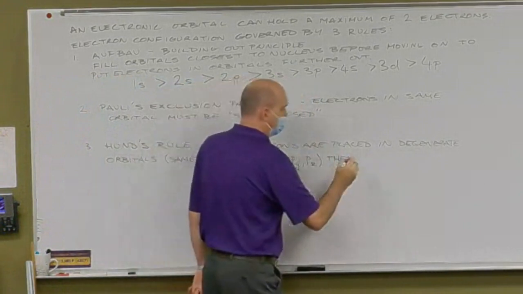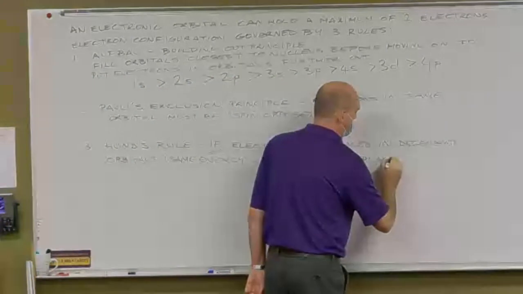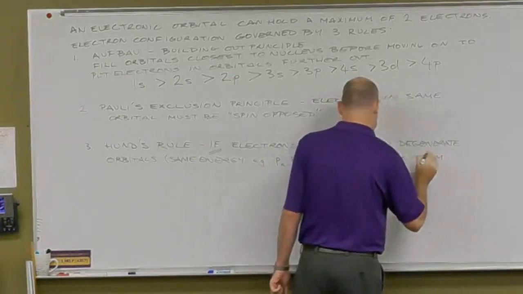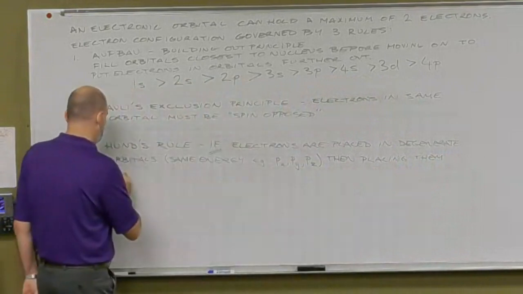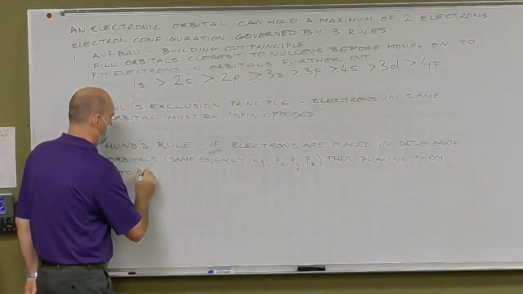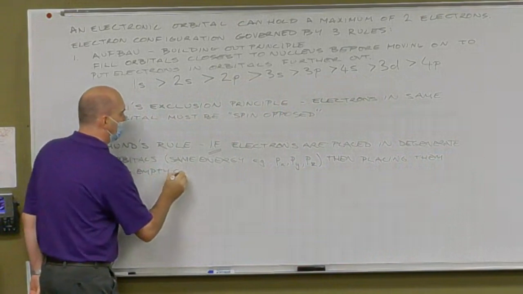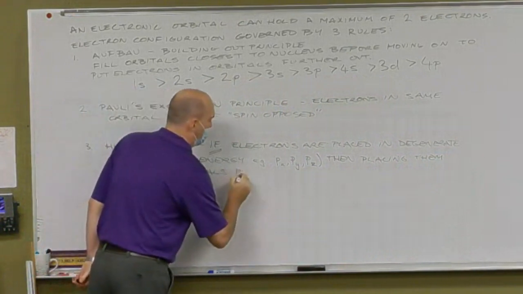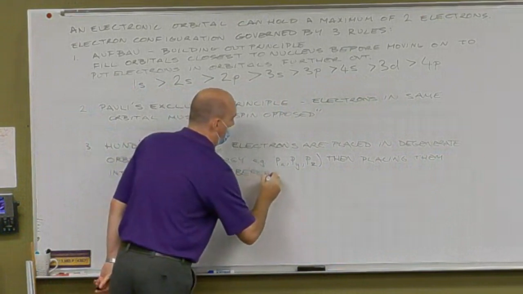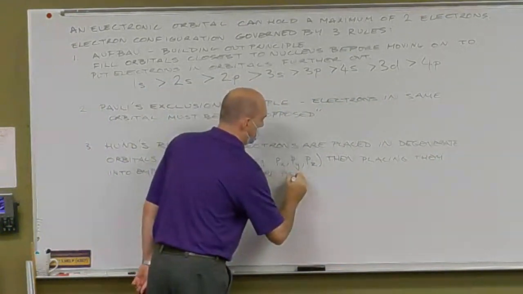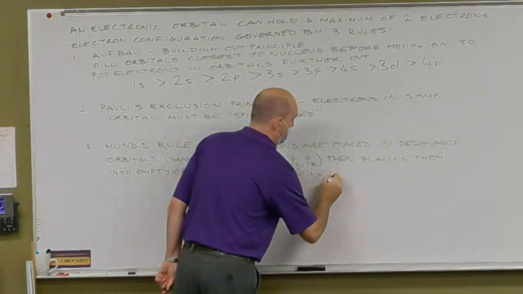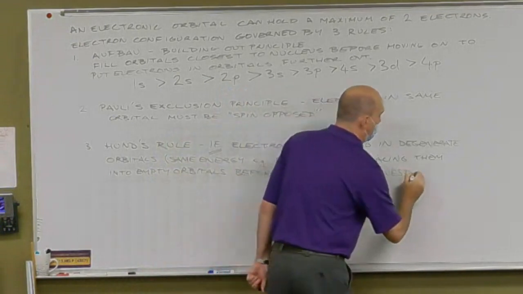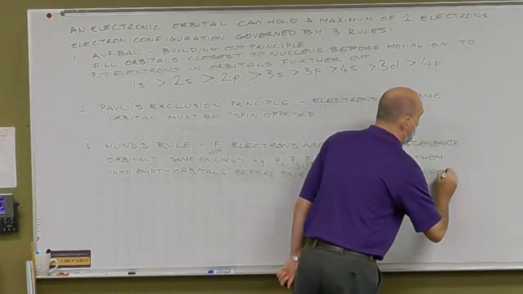If you place them into empty orbitals before pairing them up, that's going to be the lowest energy.